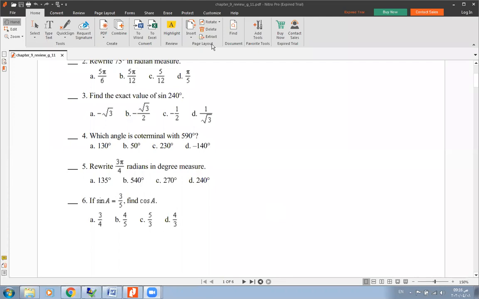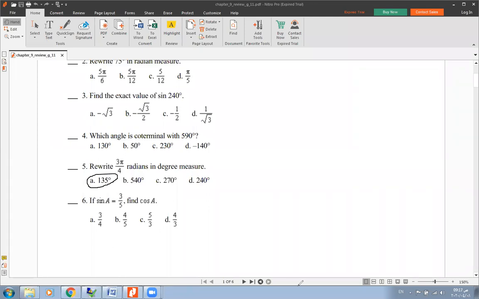We change pi to 180, so 3 times 180 over 4. 180 over 4 equals 135. So the answer of number 5 is letter A. Thank you.